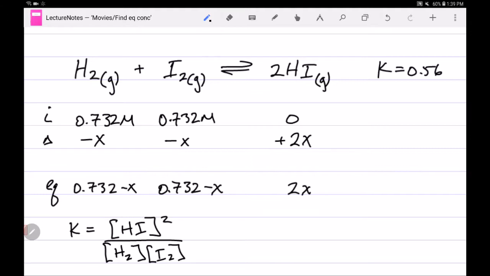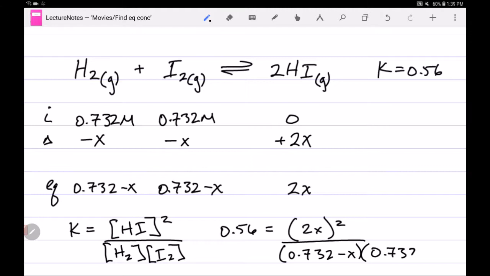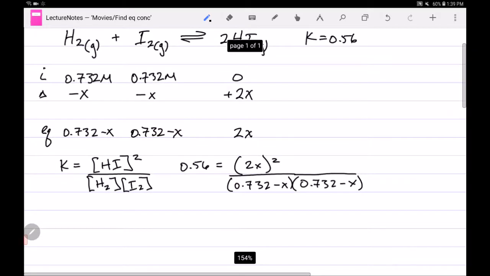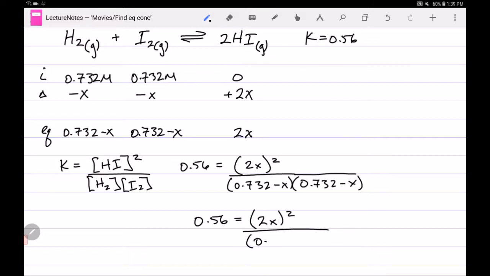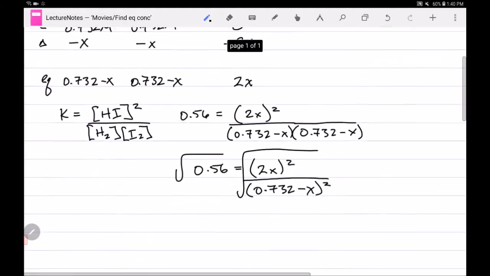Now we can start plugging in some numbers here. K is 0.56, and that's going to equal 2x squared over 0.732 minus x times 0.732 minus x. So when we solve for x, we can just call this 0.732 minus x squared, and then we can take the square root of both sides.